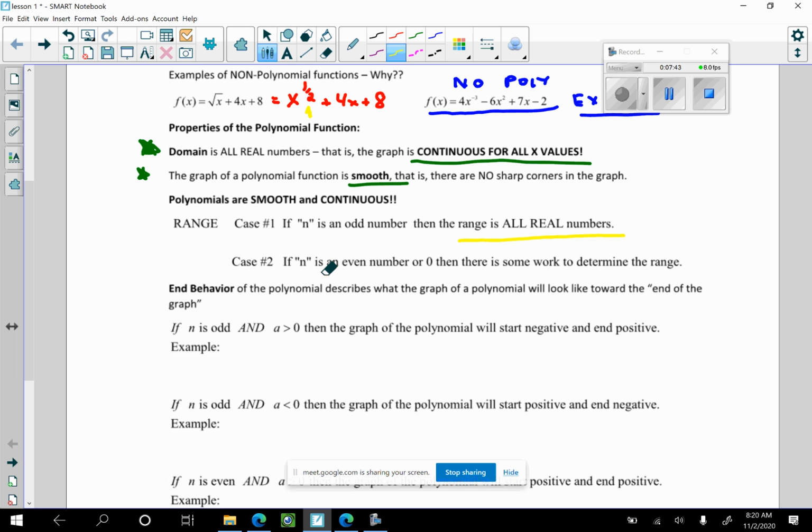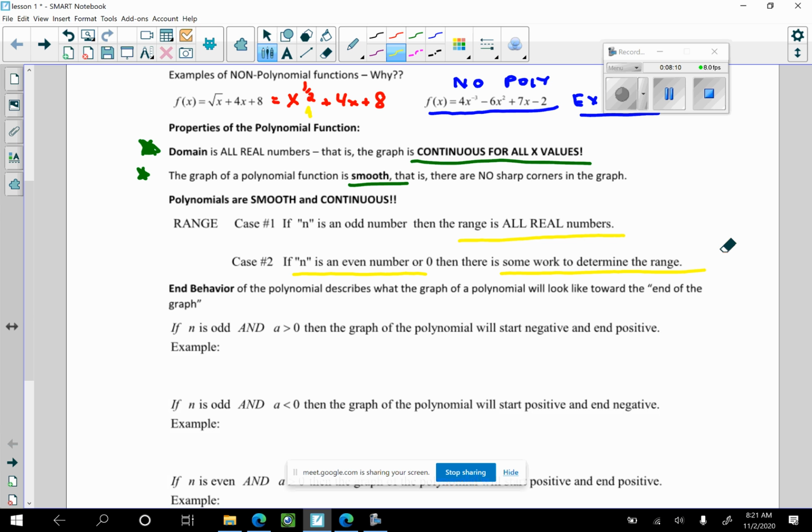A quadratic function is either y is greater than or equal to the y coordinate of the vertex, or y is less than. But that doesn't mean that if n is even, there is a restricted range on all even degree polynomials. All it means is that if n is even, there's going to be a little work to do to determine the range of the function.